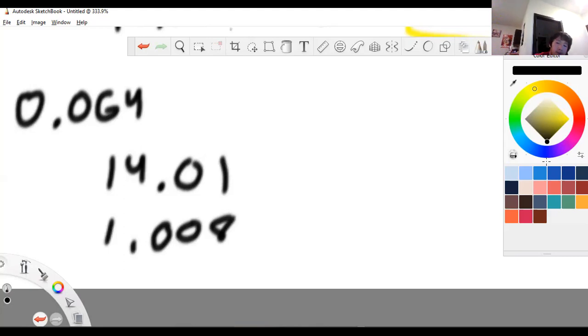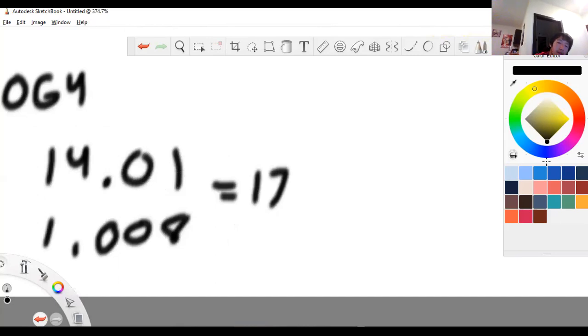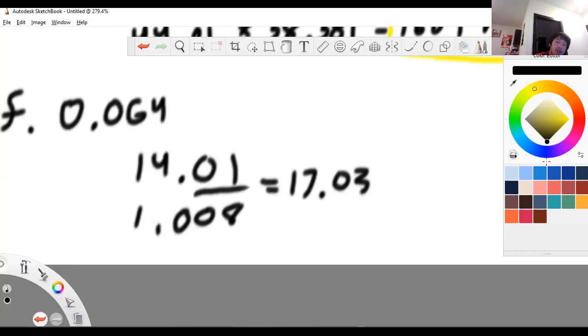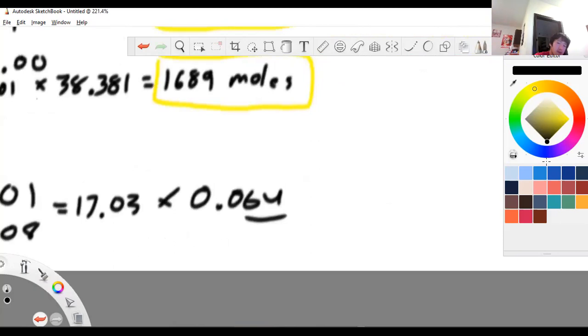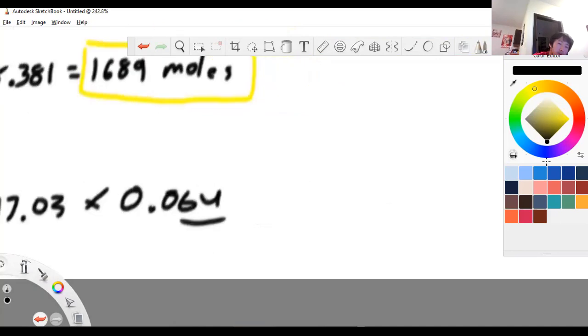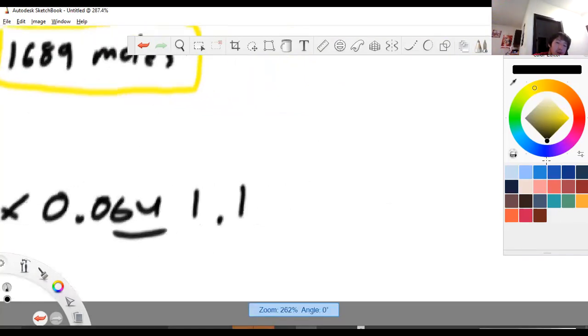So this comes out to be 1703 following sig fig rules, because this will be 2 after the decimal point. We get 1703, multiply this by 0.064. We're going to 2 sig figs because of these two. We get 1.1 grams.